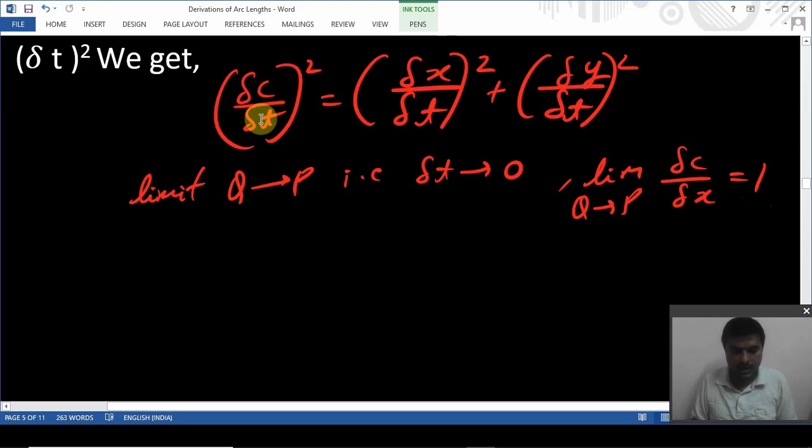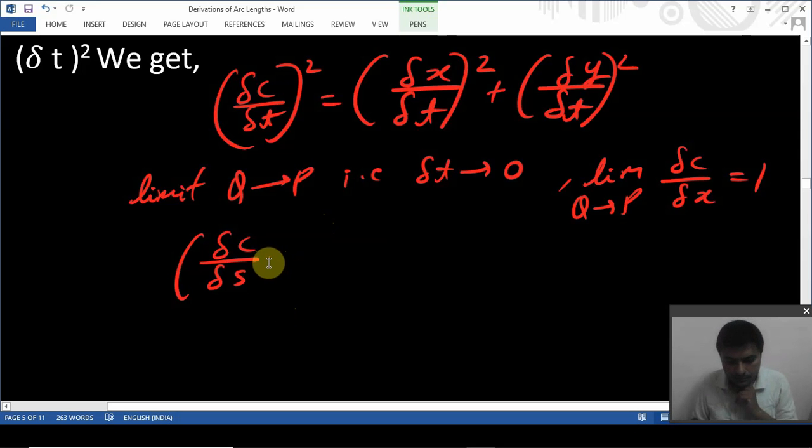This delta c divided by delta s will become 1, and then delta s divided by delta t, multiplied and divided by delta s. Simplify, delta c divided by delta s will become 1.